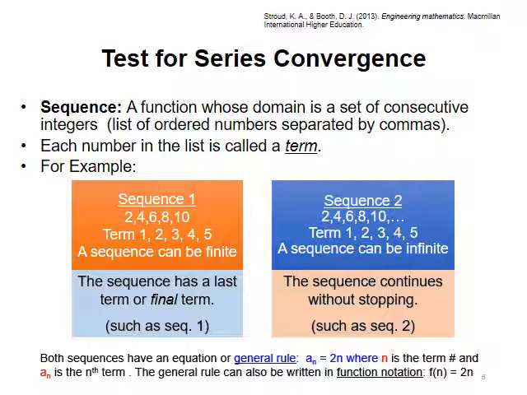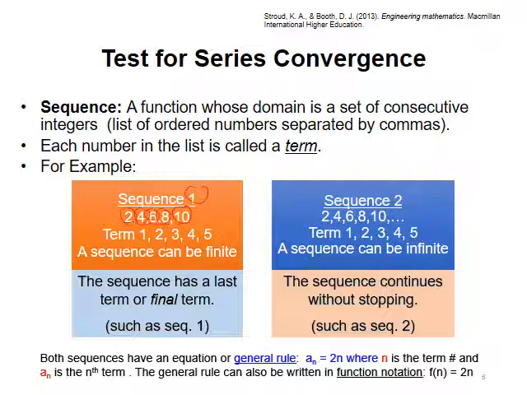Example, sequence number 1, as you can see here: the numbers 2, 4, 6, 8, 10. Their positions are position 1, 2, 3, 4, 5. So I have 5 positions, 5 terms.